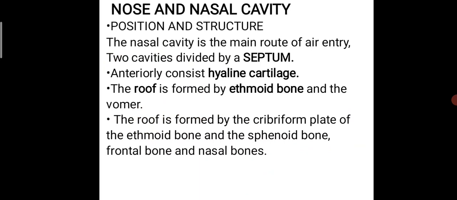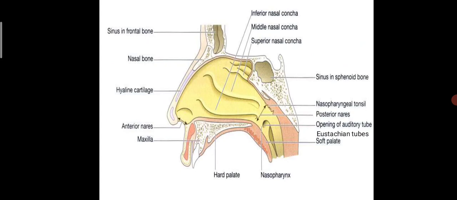So first organ is nose and nasal cavity. The two cavities of nose are separated by septum. This nose consists of hyaline cartilage and the roof of nose is formed by ethmoid bone. Then see here in diagram, this nose contains four types of bone. One is nasal bone, then frontal bone, then ethmoid bone, and sphenoid bone.